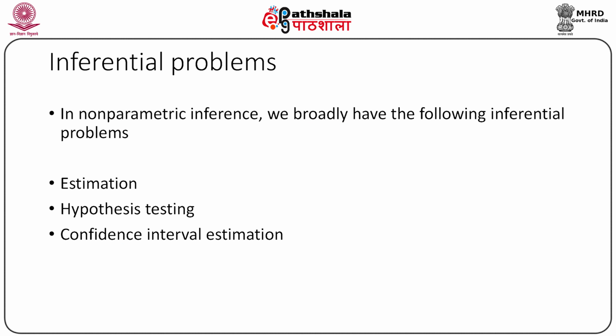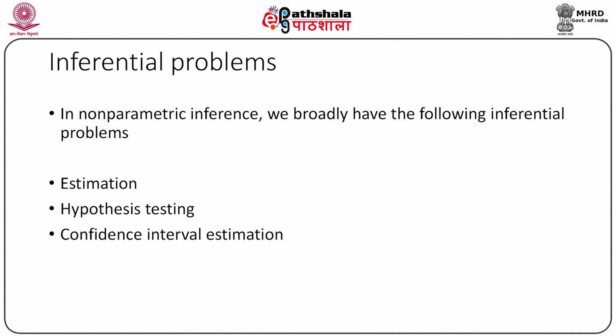In parametric inference, we have estimation, where the objective is to put some value close to the actual parameter. We also have hypothesis testing, where the idea is to verify the validity of an assumption regarding the unknown parameter by means of data.